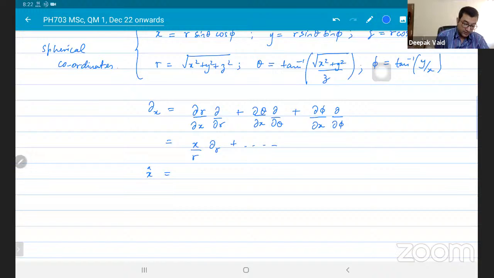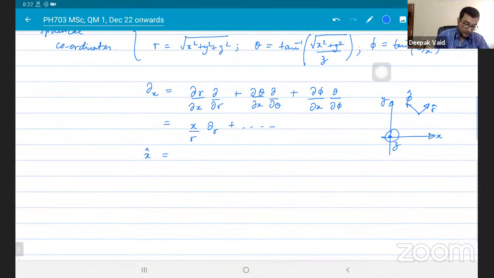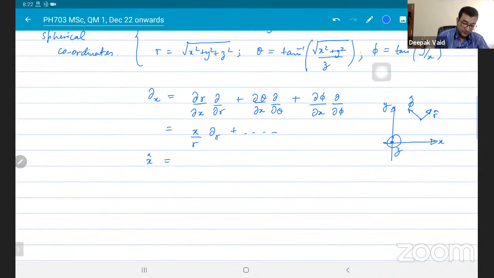So what is x̂ in terms of r̂ and θ̂? You have the three unit vectors: r̂, φ̂, and then θ̂, which is perpendicular to both of these. I'm just drawing the two-dimensional projection of the three-dimensional picture.